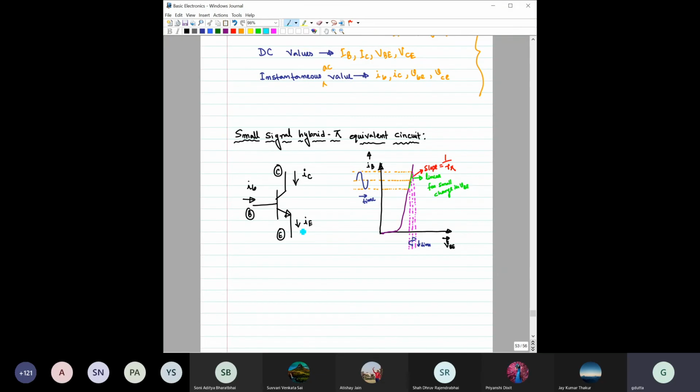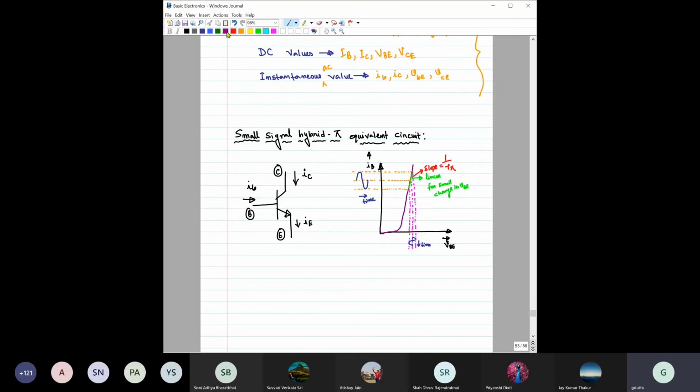There are a couple of different ways you can represent this, different models. One such representation is called the hybrid pi model, which is basically the H parameter model of the bipolar junction transistor.